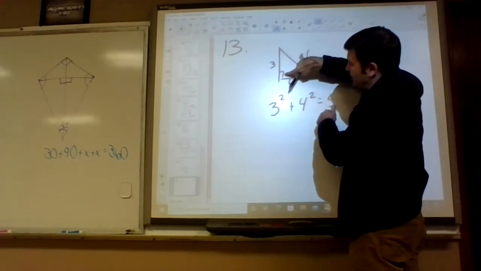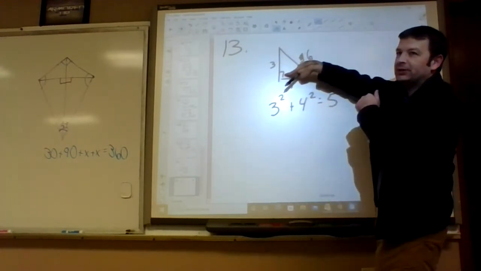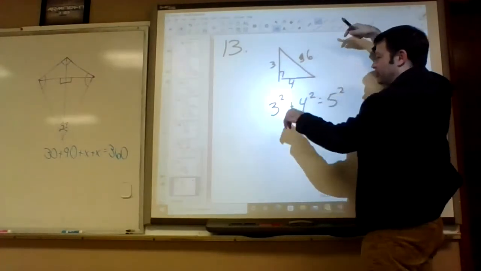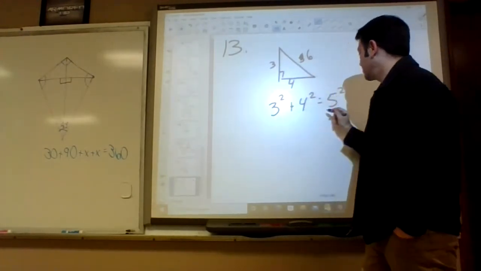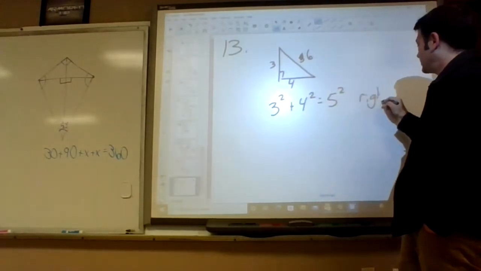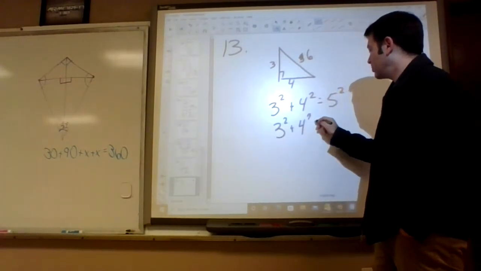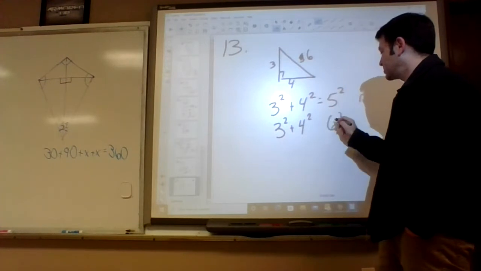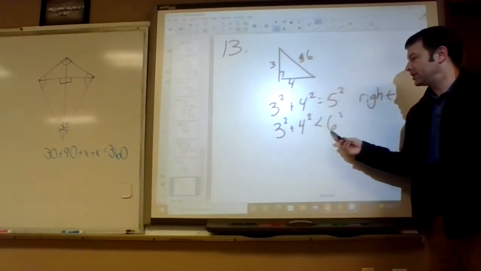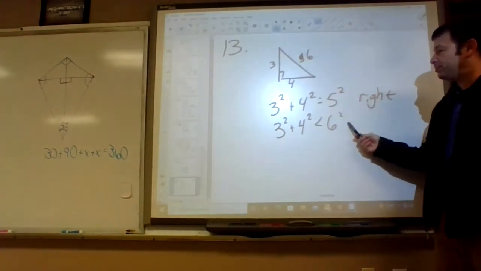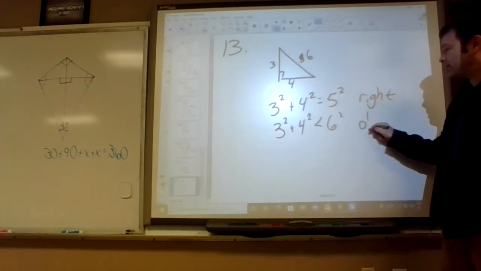And then this angle would be bigger than 90, because it would have to open up wider, and it would be obtuse. So 3, 4, 5 is a right triangle. But if it was 3, 4, 6, because 6 squared is bigger, if the c squared is bigger, it's an obtuse triangle.